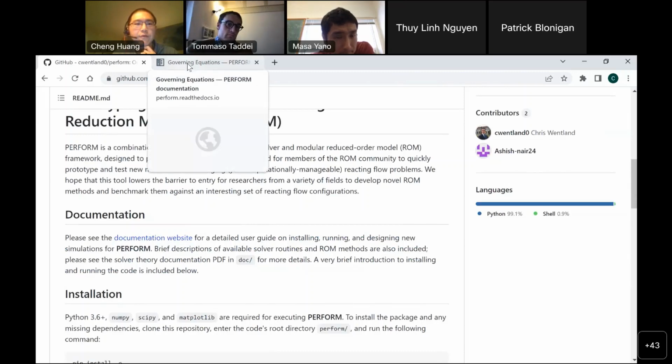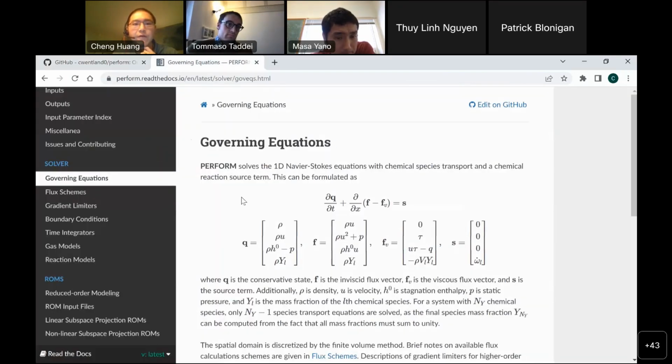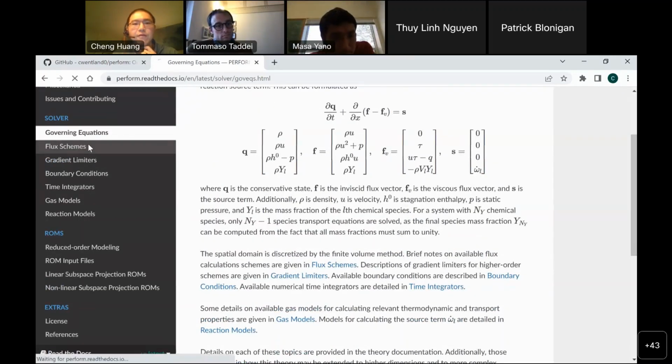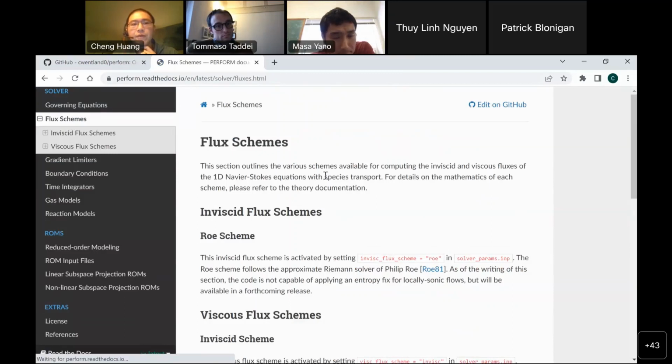In addition to the code, we also provide all kinds of information regarding the PDE: the governing equation, the flux scheme, because as I said, these will be non-intrusive methods. Developers want to know what kind of equation you are solving and what kind of numerical scheme you are using.